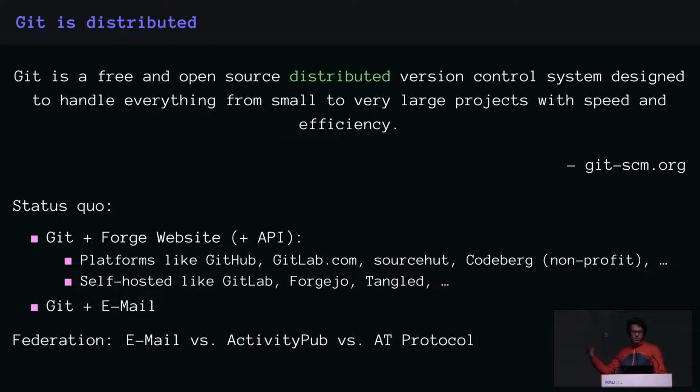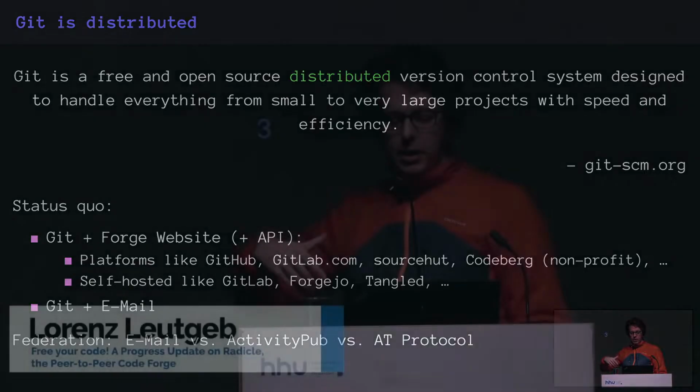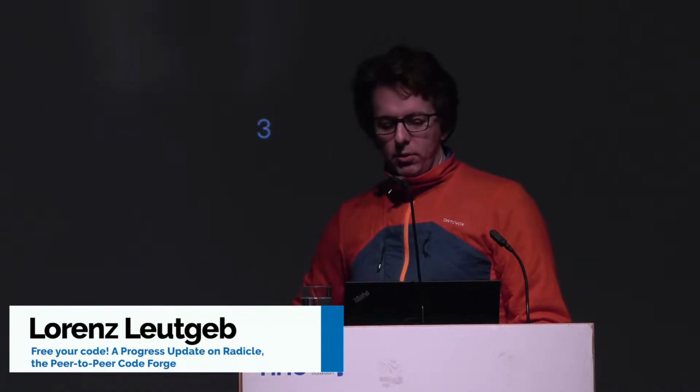We have these email servers, and you basically sync your code over your email server, and then you download it to your mail client, and then you continue. Then we have ideas of using ActivityPub, and Tangled is a system that uses the AT protocol to basically federate between servers.